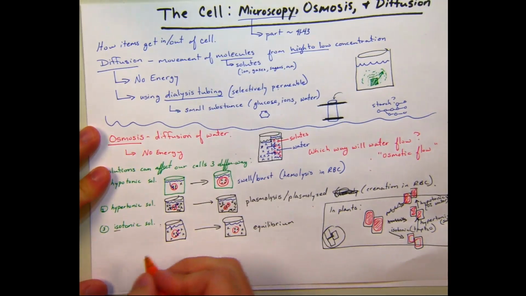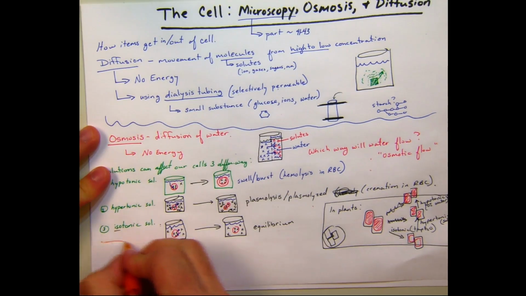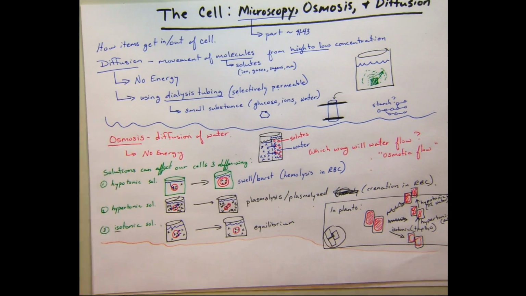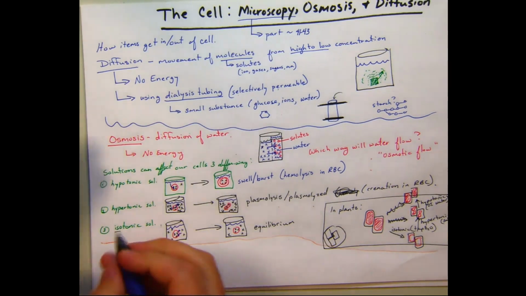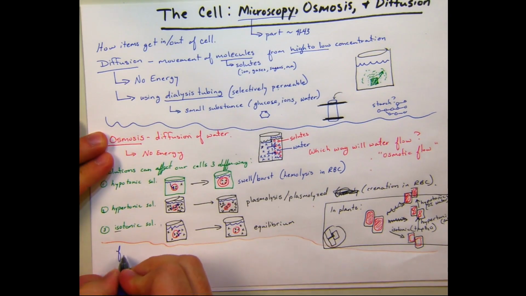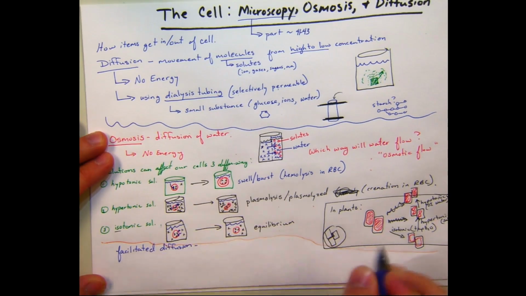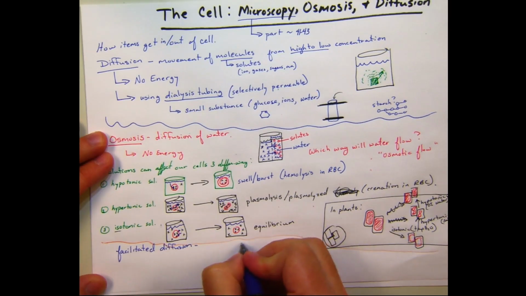For example, 2 other methods of movement would be facilitated diffusion and another one would be active transports.